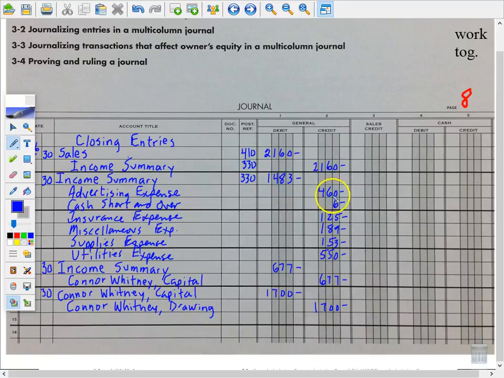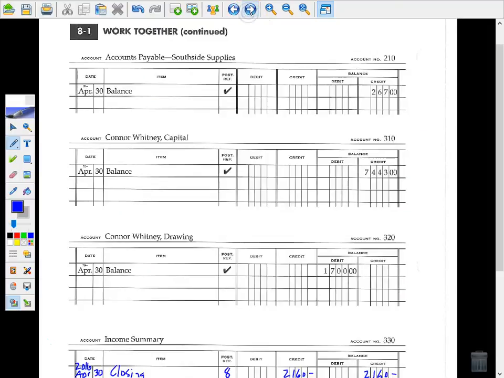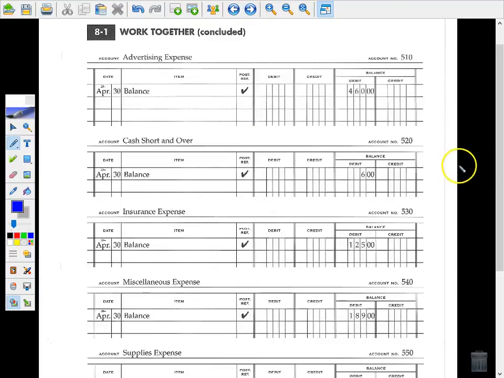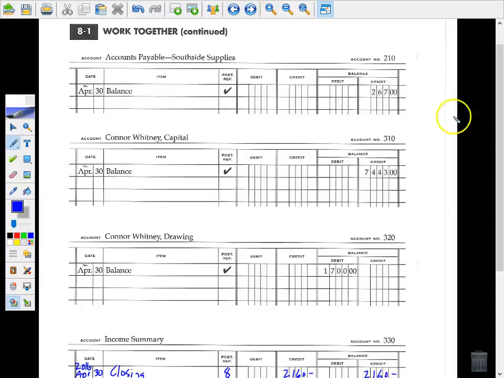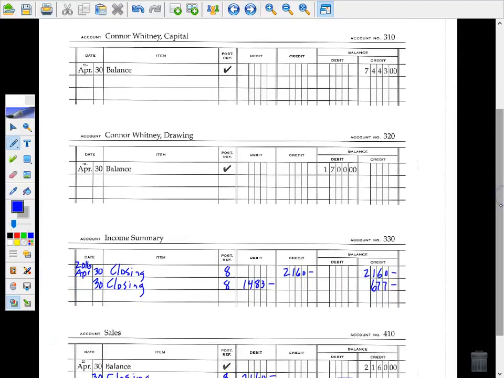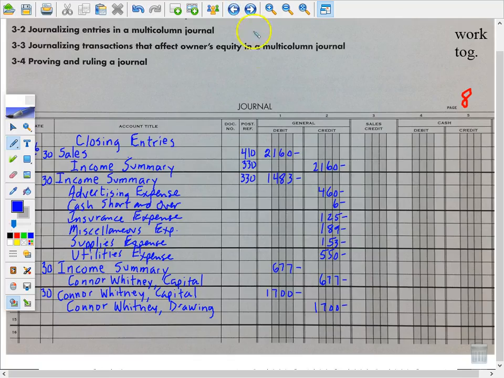Now let's do advertising expense as a credit of 460. And that zeroes out that account. Okay, what was the account number?